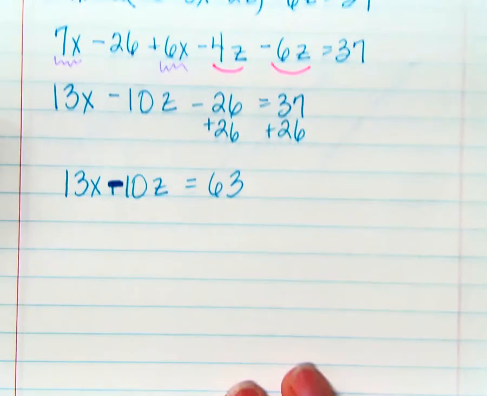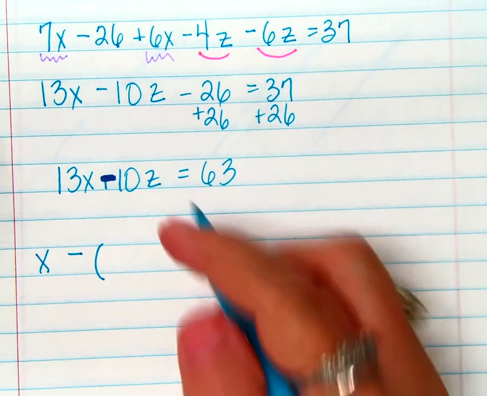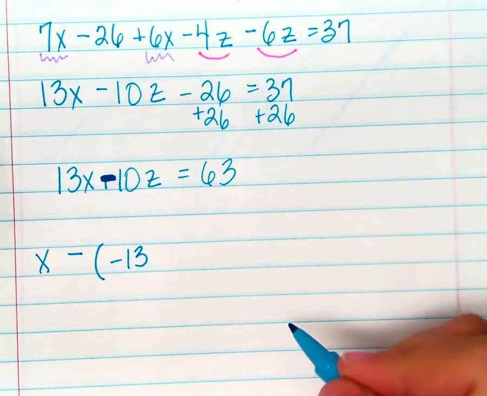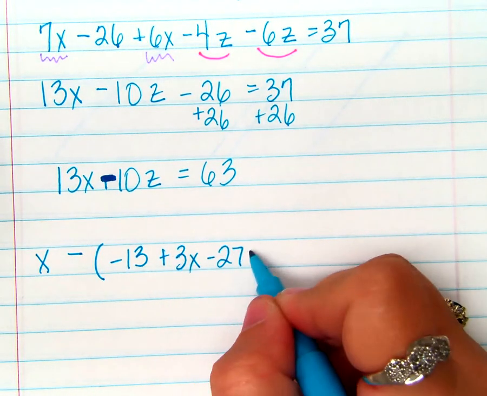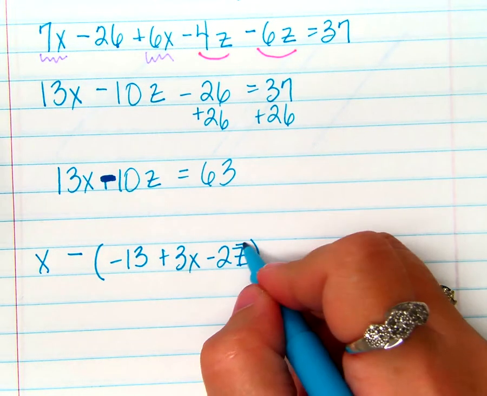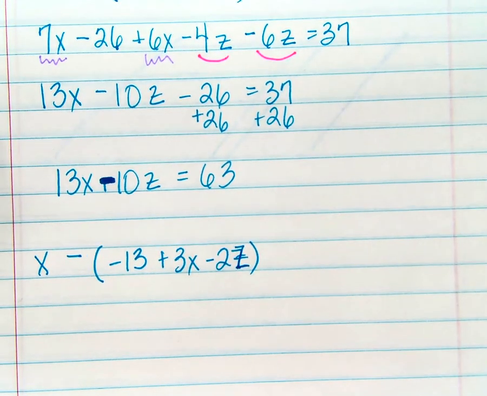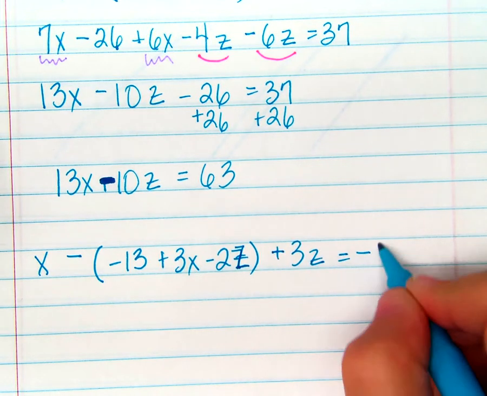Okay? So my third equation is x minus y, but I know y equals a negative 13 plus 3x minus 2z. That's a weird z. I'm sorry about that. And then plus 3z, and then equals negative 14.